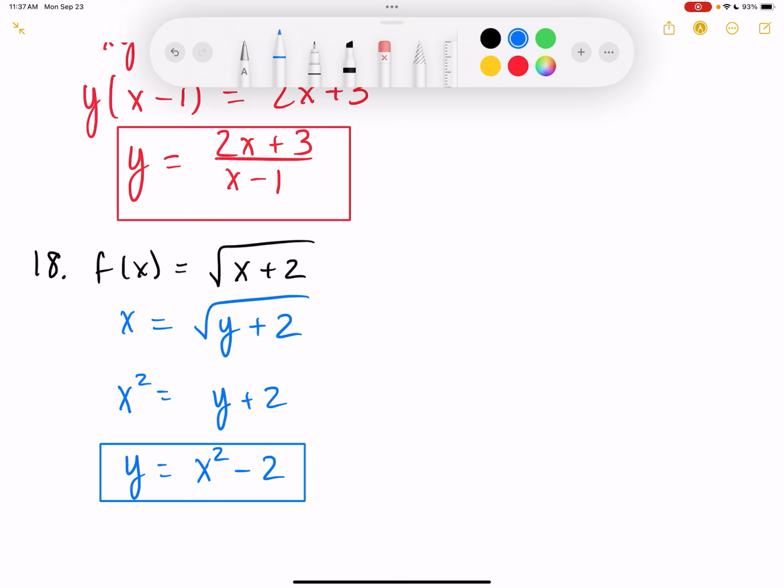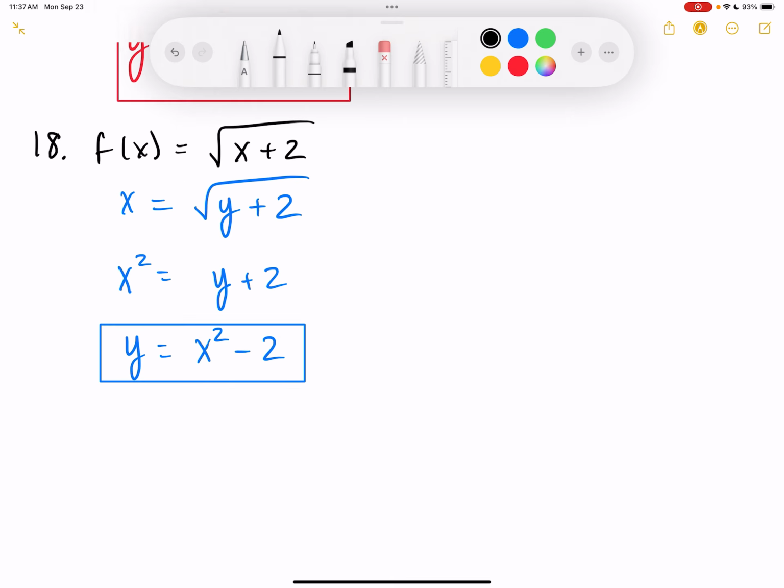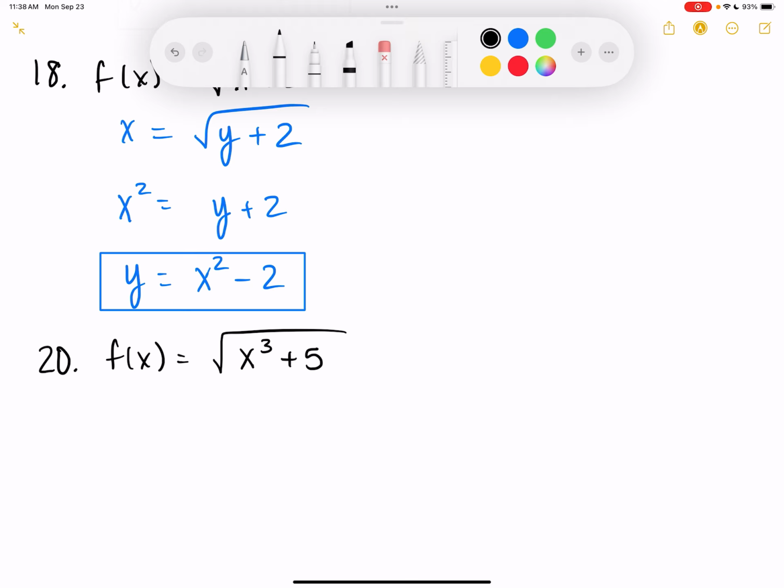Number 20. So this will be the last one of us finding inverses, and then we'll be on to checking them. f of x equals the square root of x cubed plus 5. So much like the other one, first thing I'm going to do is swap x and y. x equals the square root of y cubed plus 5.